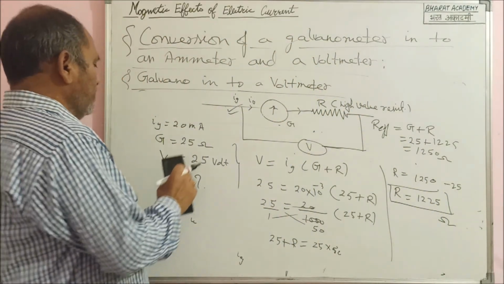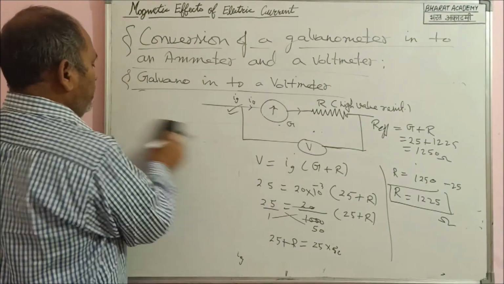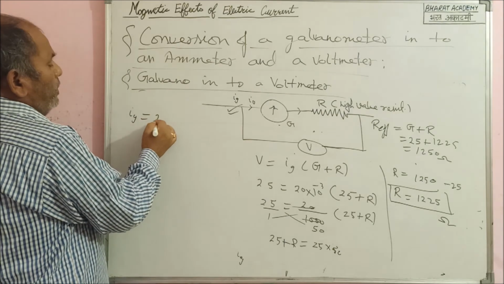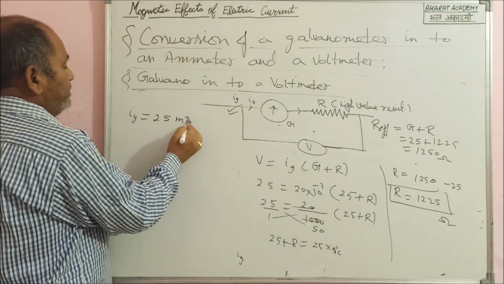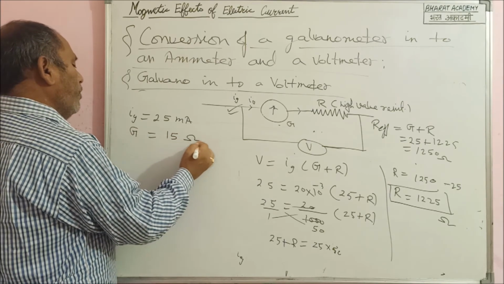In such numericals, sometimes they give some twist and turn. Suppose Ig is given as 25 milliampere and G is given as 15 ohm.